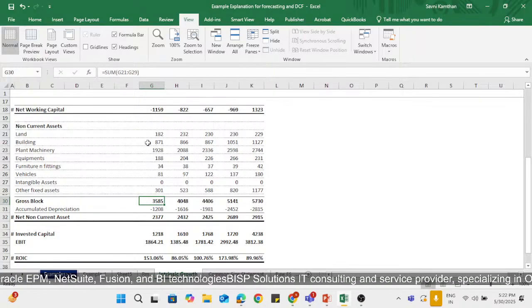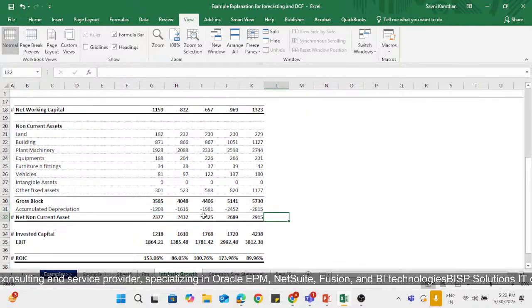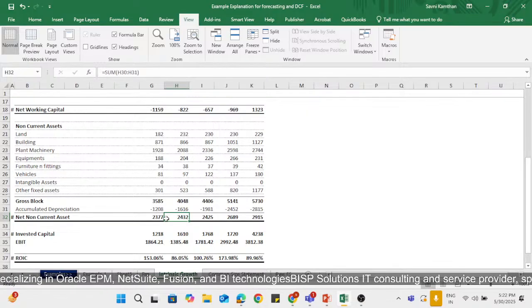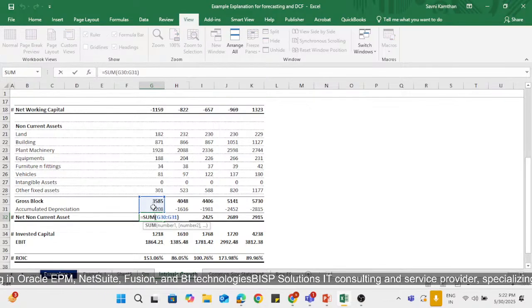Once my calculation is done, I have copy pasted it till the end. And now for accumulated depreciation, I have done the accumulated depreciation, and to calculate my net non-current assets I have used these two only.